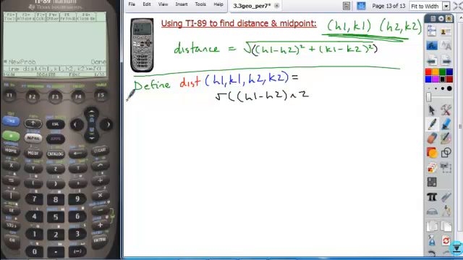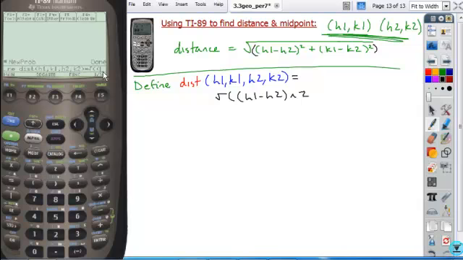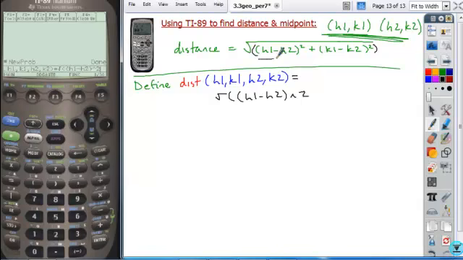In order to square something on your calculator, you use the caret symbol. It's right above the division key. Okay, so I'm going to put, again, another set of parentheses, take the difference of my x's, so h1 minus h2, and I'm going to square that value. So here's this first group. I can then add my second group, which I have to embed within parentheses as well.